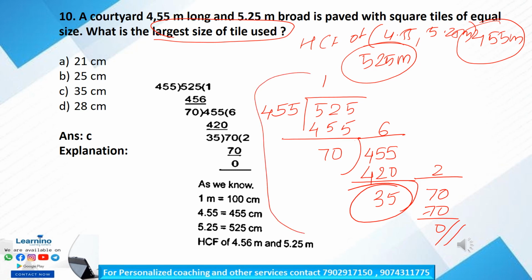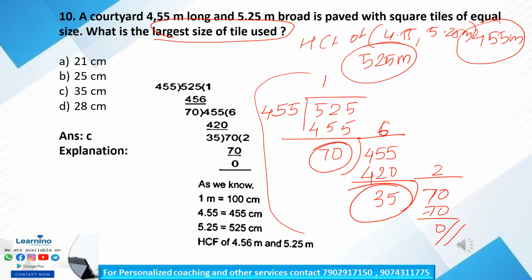That is 525 divided by 455. 1 into 455 is 455. Remainder 70. So we have to again divide 455 by 70. We get 6 into 70 is 420. Remainder 35. So again we have to divide 70, this divisor as a dividend. So 70 divided by 35 is 2 into 35 is 70.